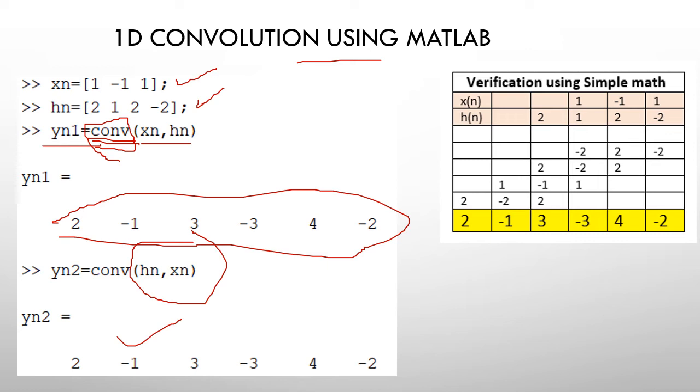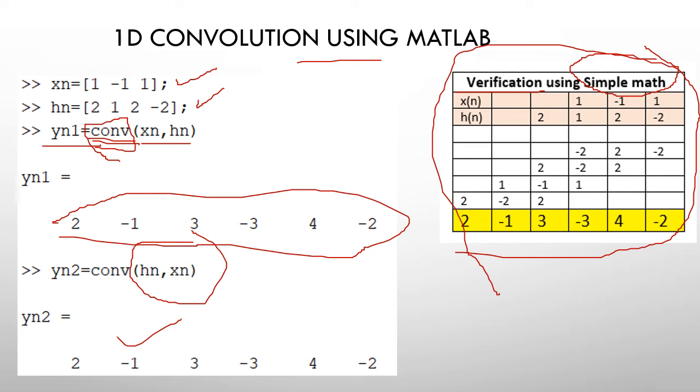Before looking at Python code, there is also a simple math rule you can follow to verify your result. The student can make use of this simple multiply and add method to check whether the result is correct. They write x of n, which has 3 samples, and then h of n, which has 4 samples.